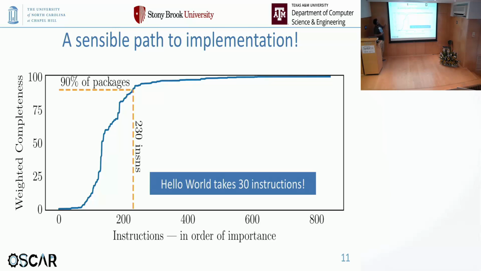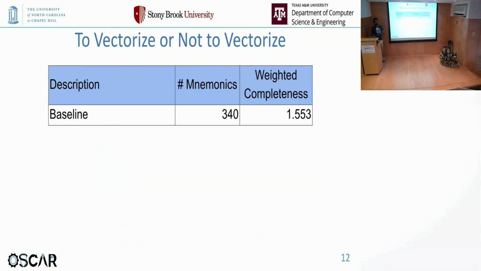Okay, so another question you may have is, should I support vector instructions, or SIMD instructions? To check this, we took all the different feature sets, the different CPU extensions that Intel has, and we calculated a baseline which is all scalar instructions.